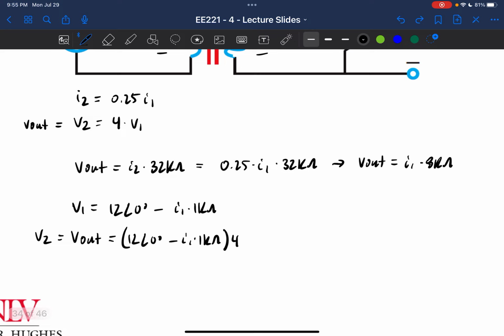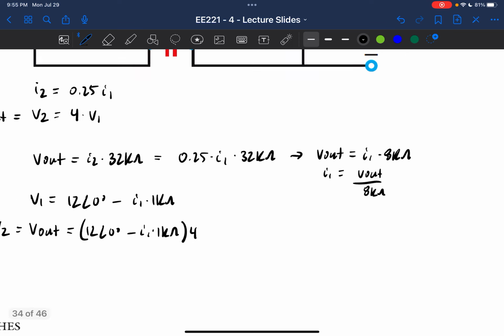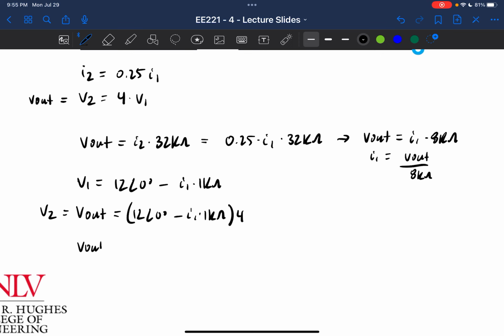Okay, so let's solve this one for I1. We can say that I1 is equal to V out divided by 8 kilo ohms. And so I can plug that in here. V out is equal to 12 angle 0 volts. I haven't been writing volts this whole time. Minus V out times 1 kilo ohm over 8 kilo ohms. And then that whole thing is multiplied by 4.